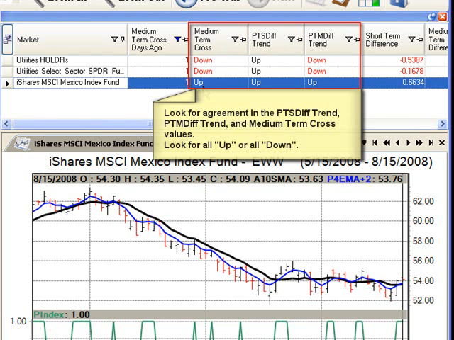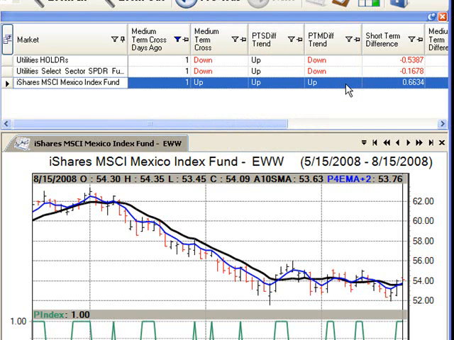And when medium-term cross is up, you're looking for PTS diff trend to be up and PTM diff trend to be up. And you can see in this example, the only one that meets the criteria of having these three values the same is the iShares MSCI Mexico Index Fund.